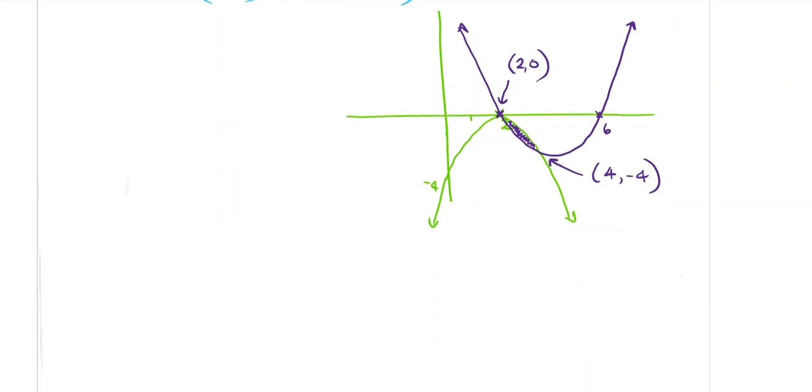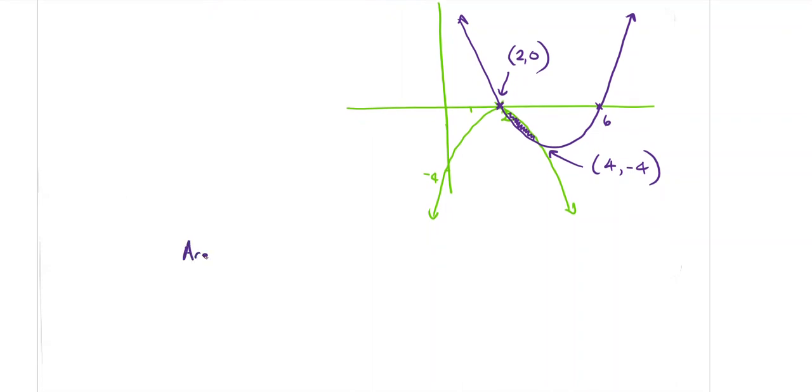So to find it, we integrate. Integrate, yes. Because the green one is concave down, we know that one will be curving out that way, and the purple one's concave up, so it's going to have to be underneath it. Concavity kind of tells me which way they're going around each other.